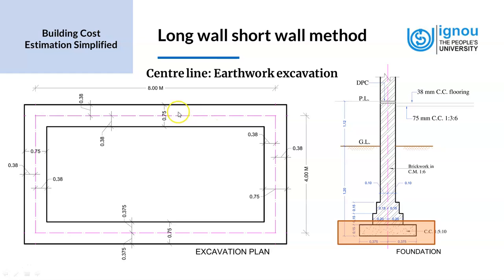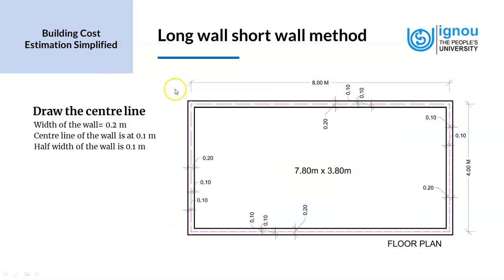From the previous drawing we saw that the center line is at a distance of 8 meters along the length, and the distance between the center lines for the width is 4 meters.